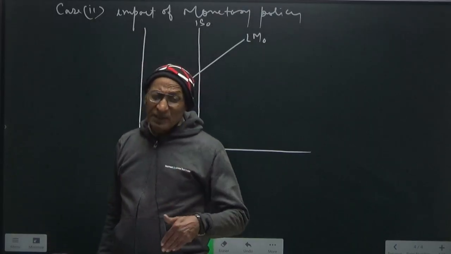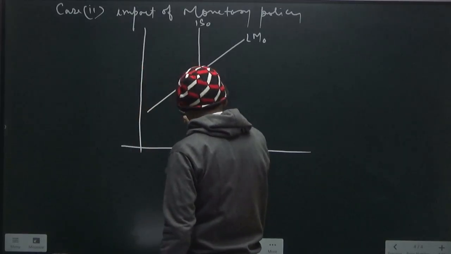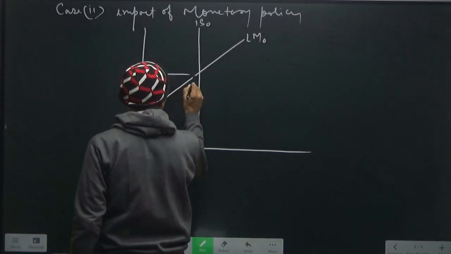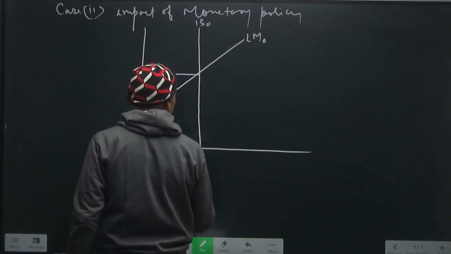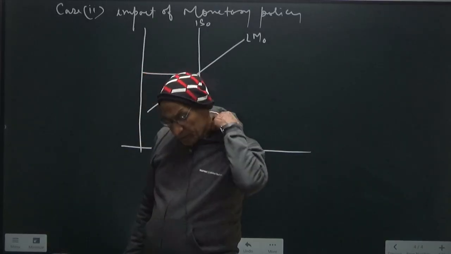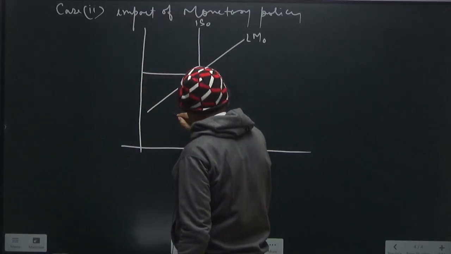With the increase in the money supply, the LM curve will shift rightward to LM1. This is the rate of interest, this is the level of income.